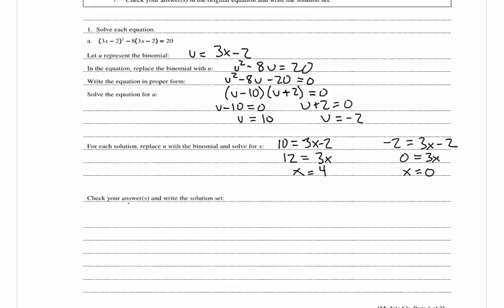Now they want us to check our answers and write the solution set. So we're going to write the original equation, and we're going to check 4 and 0. So we have (3 times 4 - 2)^2 - 8(3 times 4 - 2) = 20.